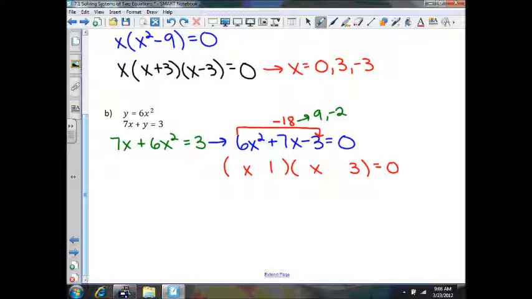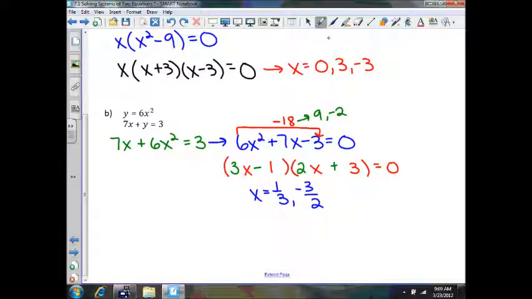The only way I'm going to get positive 9 will be a 3 here and a negative 3 here, and a positive 2x here, a positive 3 here. So factoring it down, that's what you get. So x here will equal 1/3 or negative 3/2, solving those for x.